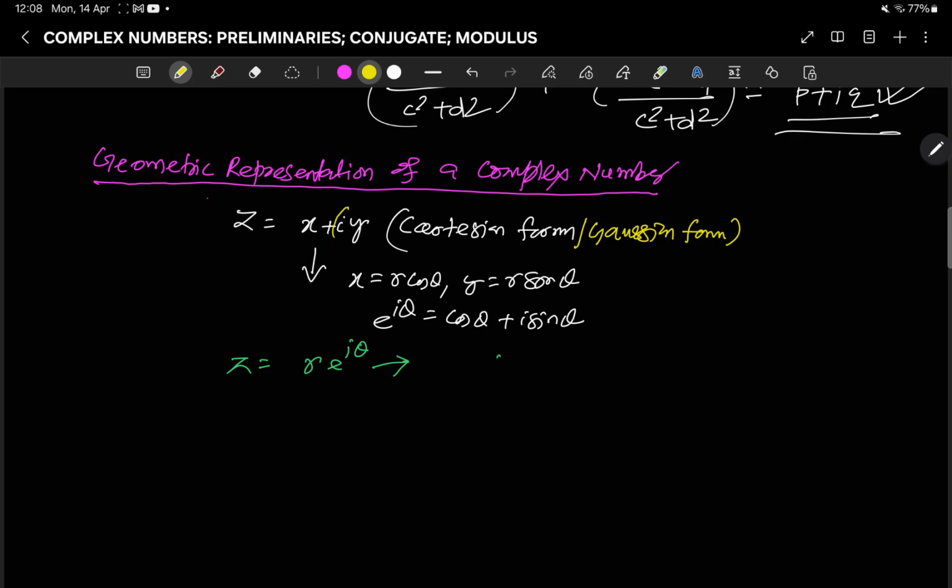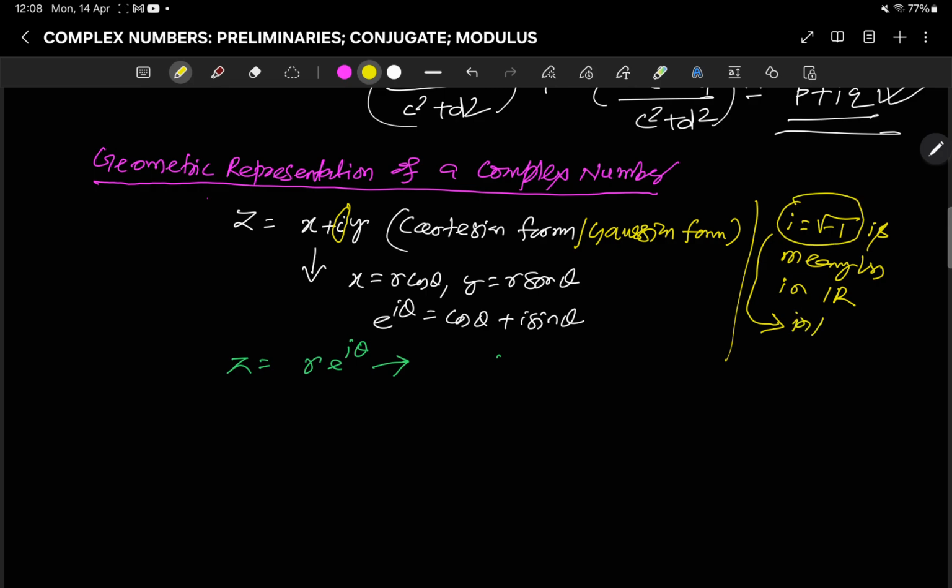This i is equal to root over minus 1, which is meaningless in real numbers, and it was introduced by Euler. Now this formula is Euler's formula.